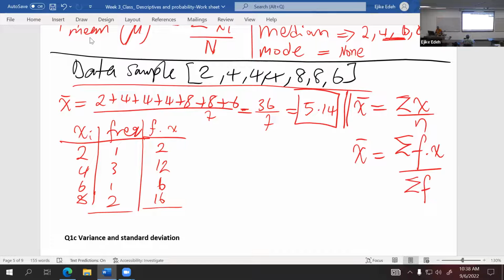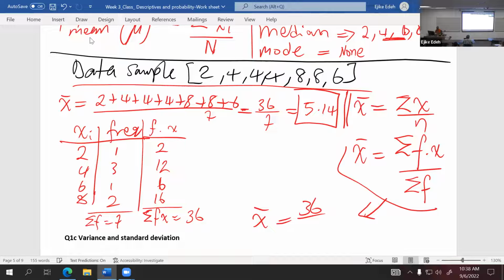If I add the frequency column, the sum of frequency is equal to 7. And if I add the frequency times data, this is going to be equal to 36 as well. So if you plug in the same way, you get the same answer. Your sample mean is equal to 36 divided by 7, which gives you the same 5.14.